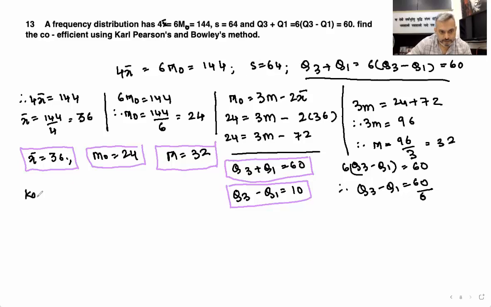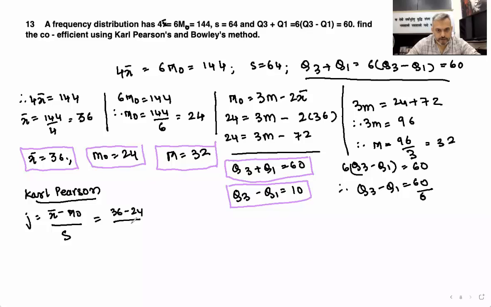Now Karl Pearson. J is equal to x bar minus mode upon standard deviation, which is equal to 36 minus 24 by standard deviation 64, equal to 12 by 64, which is equal to 0.19.